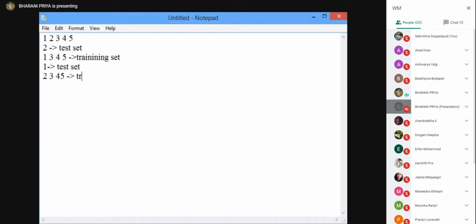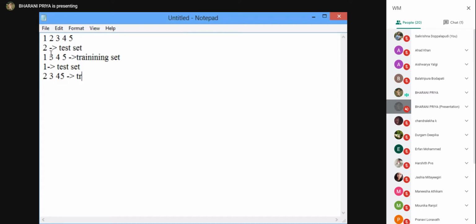So you take each and every subset as a test set and combine the remaining ones, and that becomes the training set. Is this point clear?